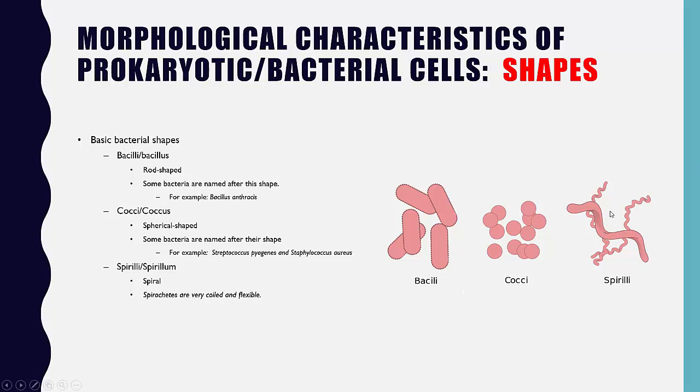They are coiled, they are flexible, and these guys really know how to cause infectious diseases in animals. So this is the one that's the spirochete, okay? Now there are some other shapes out there that are a little bit between the bacillus and the coccus shape. So these are called coccobacillus shaped, okay? Little bit between the two.